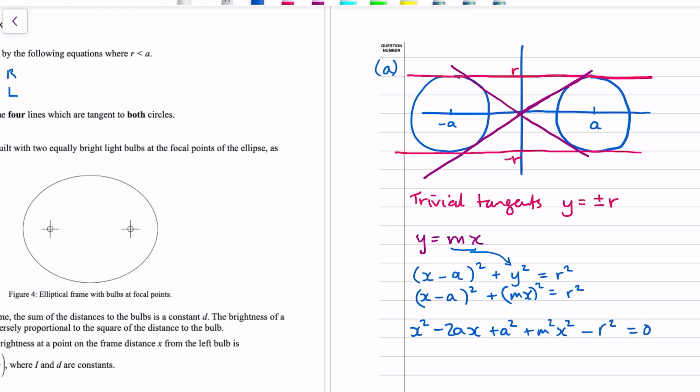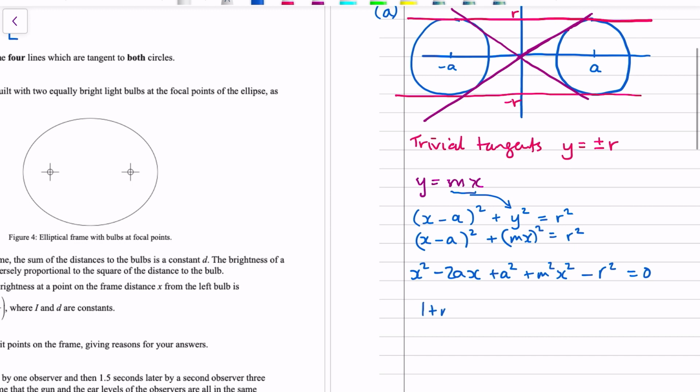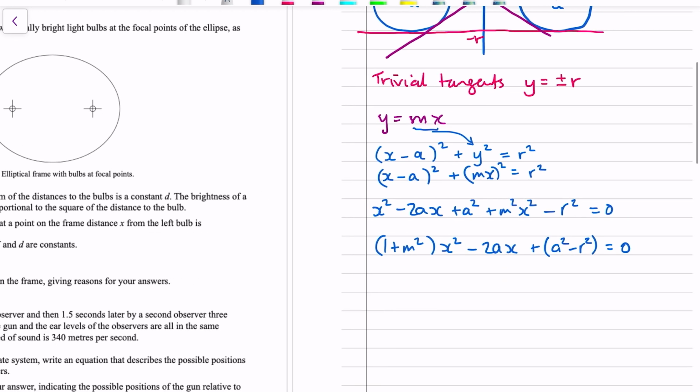And then turn it into a standard form quadratic. And then just go straight to the discriminant. We don't care about the point of intersection. B squared minus 4ac.